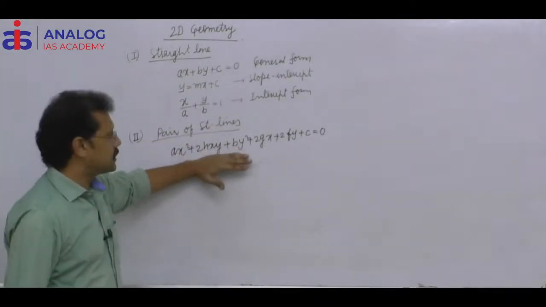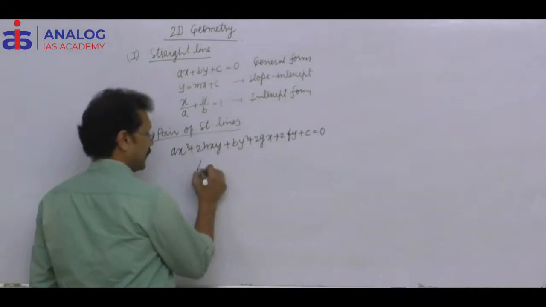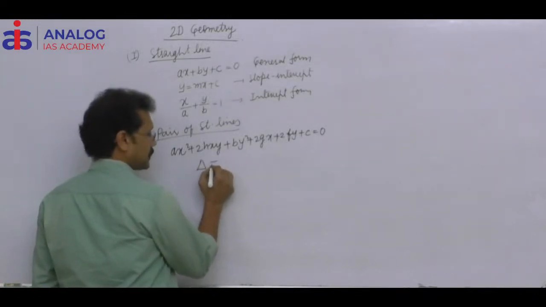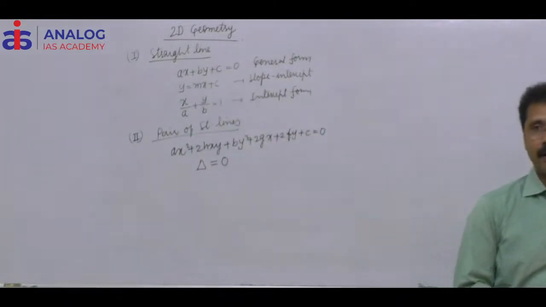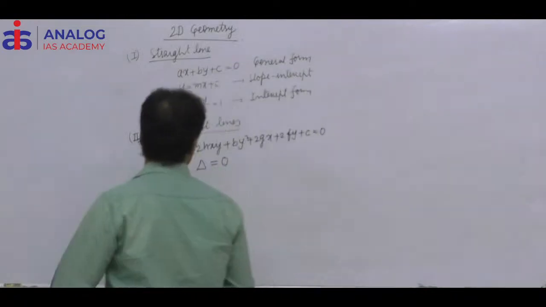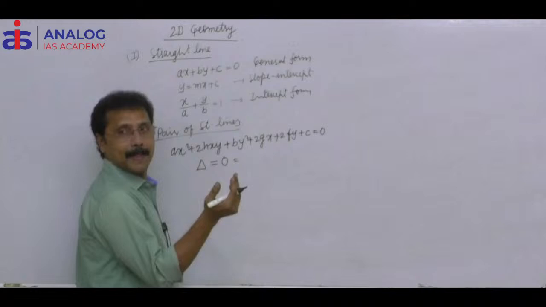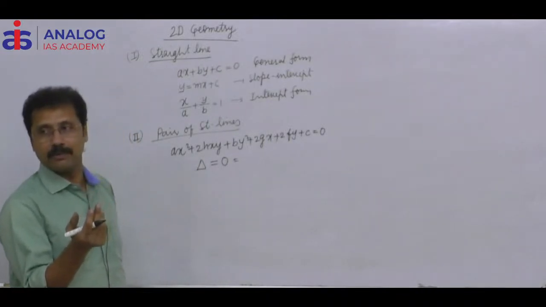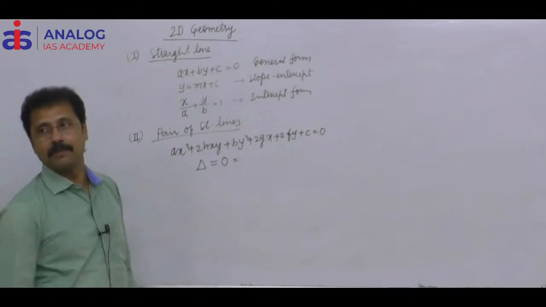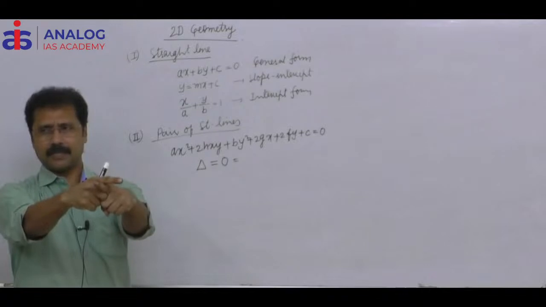If this has to represent pair of straight lines, then delta, there is something called delta, should become equal to 0. What is the delta? Formula? Slope? No, it's not slope. Two straight lines, parallel or intersecting, whatever.